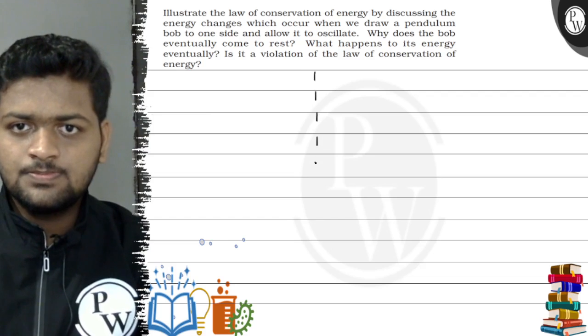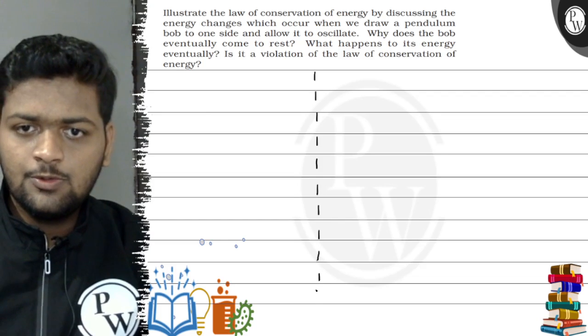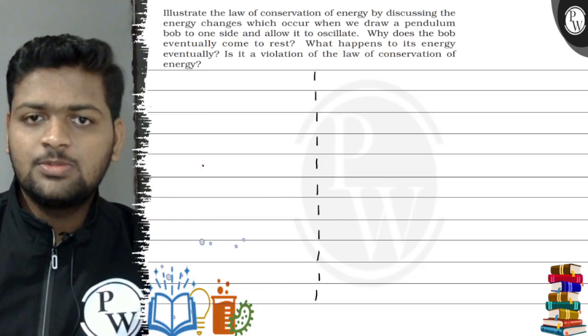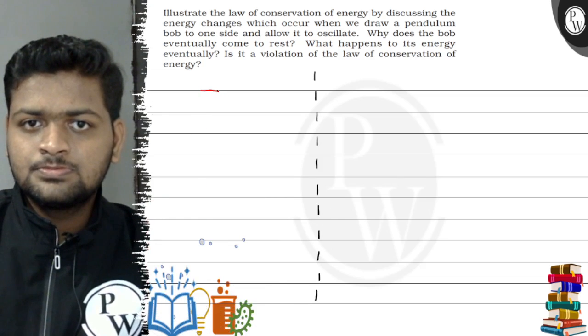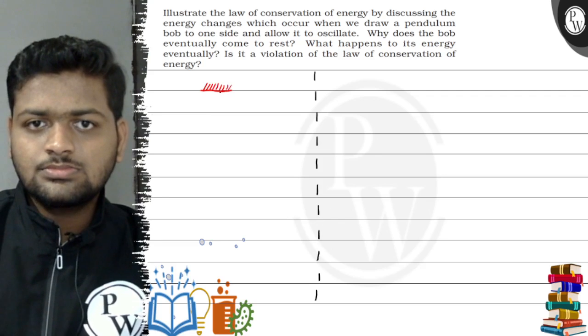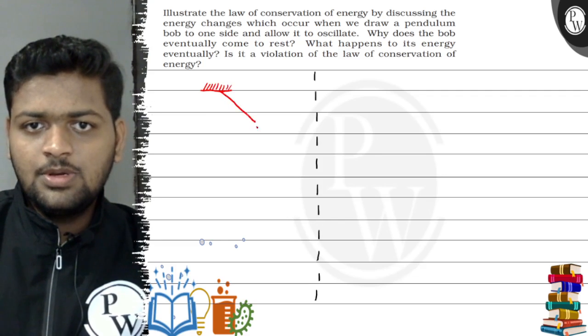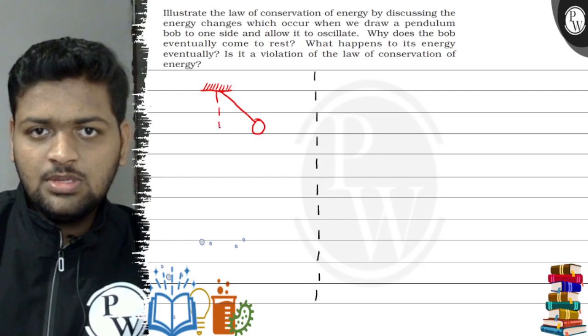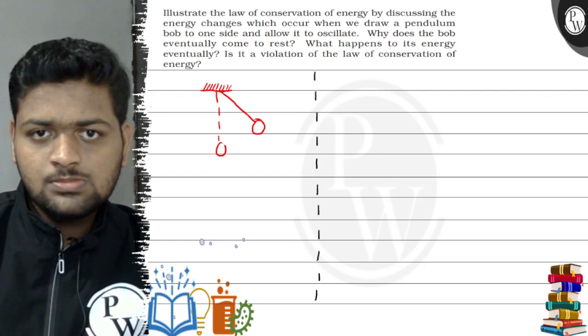So we will divide some space. What we will do is here we will draw our pendulum. First, the pendulum is released from somewhat this position. This will be the mean position of the pendulum.